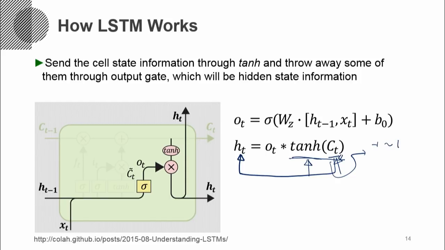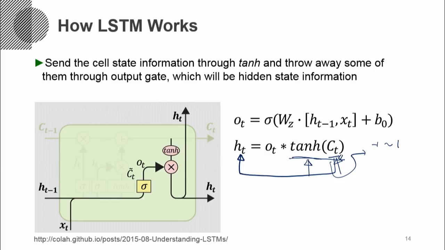We can consider this as the hidden state information that we had in the original RNN cell, which was used for generating the output vector and then transferred to the next time step cell.